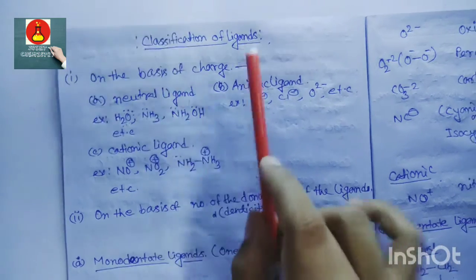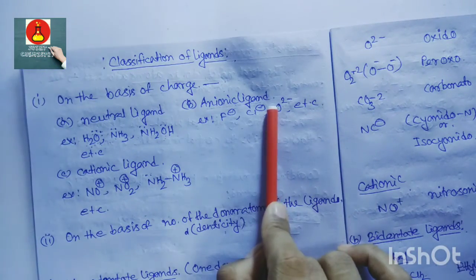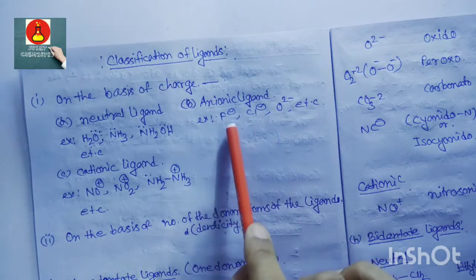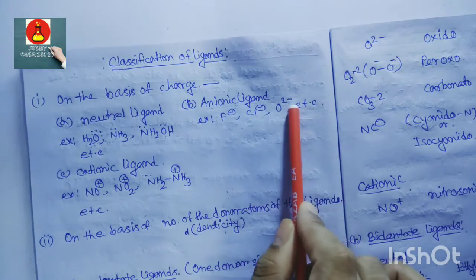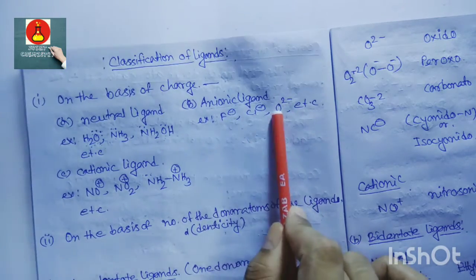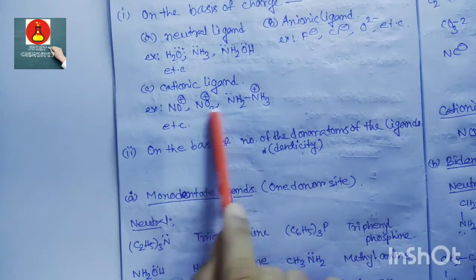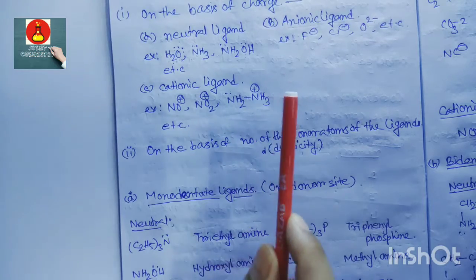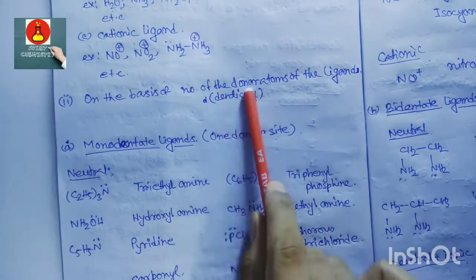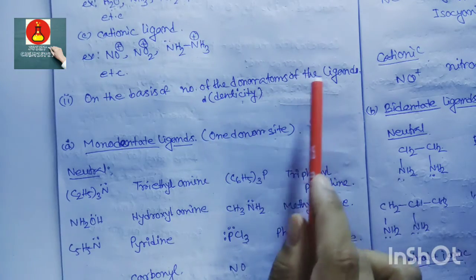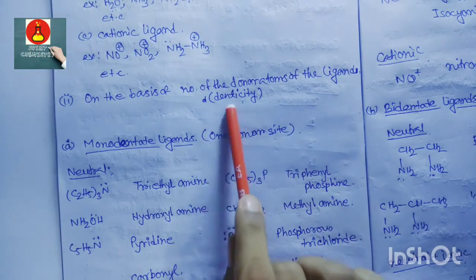In case of anionic ligands, they contain a minus charge on their head, right? In case of cationic ligands, they contain a positive charge on their head, right? Now, on the basis of the number of donor atoms of the ligands, we can call it denticity.